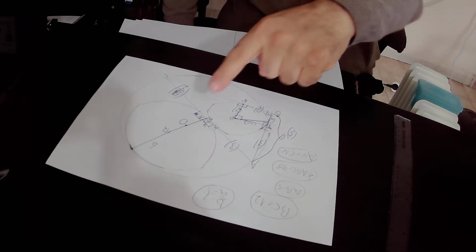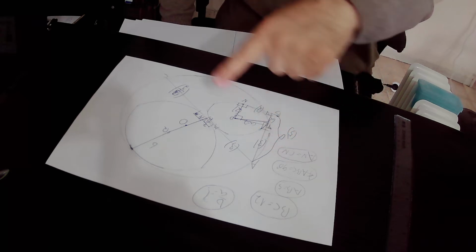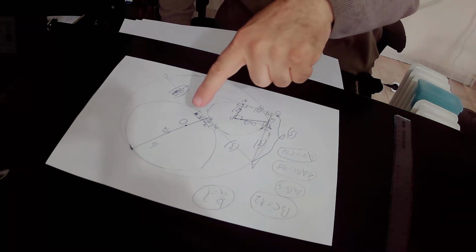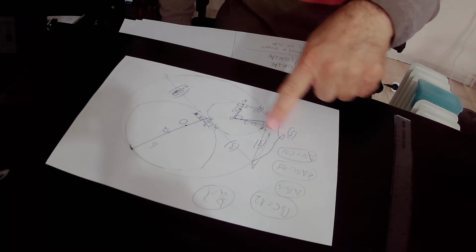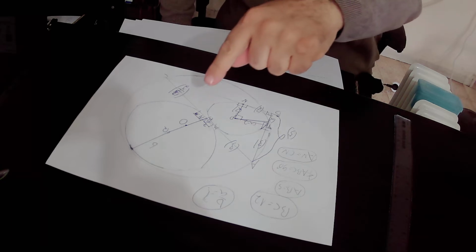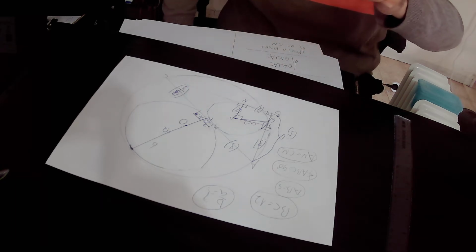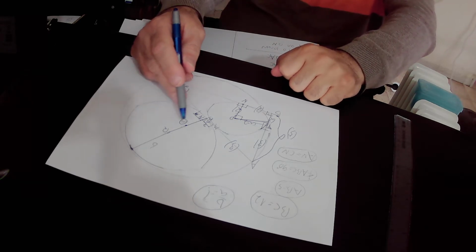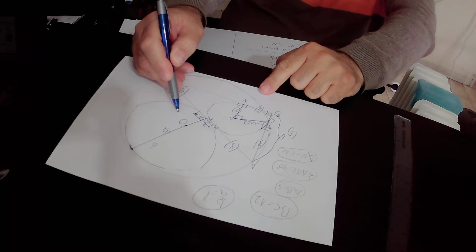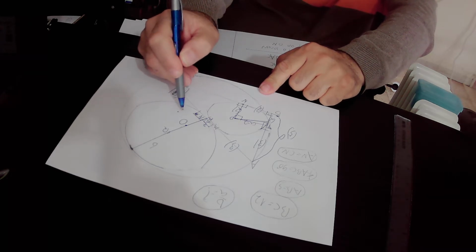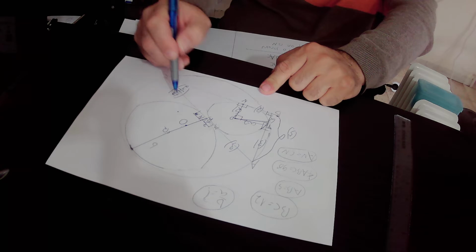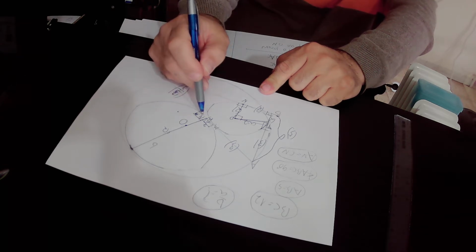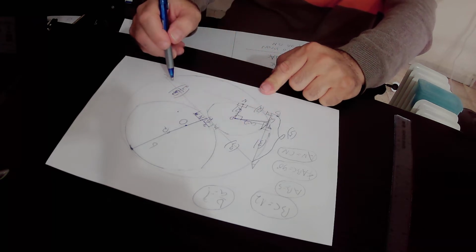Why? Because if QN is perpendicular to AC at point N, ON will also be perpendicular to AC only if it is located on QN. Otherwise, if for example point O is not located on QN, it is located here, then ON will not be perpendicular to AC. If we draw the straight line ON, it will not be perpendicular to AC.